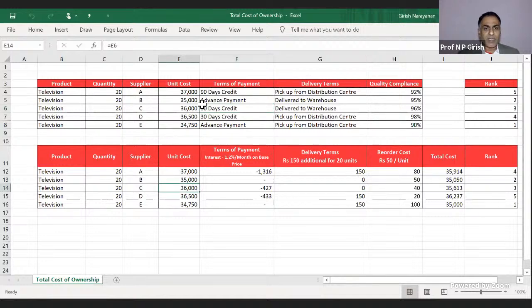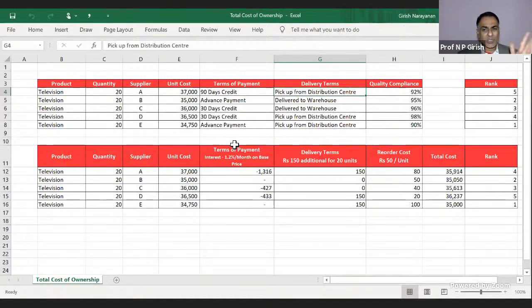This is the unit cost, the product cost, payment, and delivery cost. For delivery, A is you pick it up. B and C deliver. D and E, you have to pick it up.